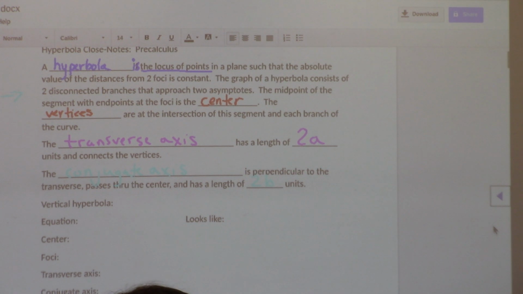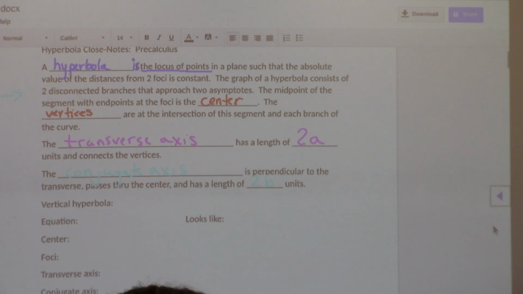However, here's the cool thing. I want you to look at something. a and b are perpendicular to each other, aren't they? So guess what? This length from here and this makes a right triangle, doesn't it? Don't we have a right triangle where we have a here, we have b here, at a right angle, so this distance from here to here would be, do you think it's the same as this?